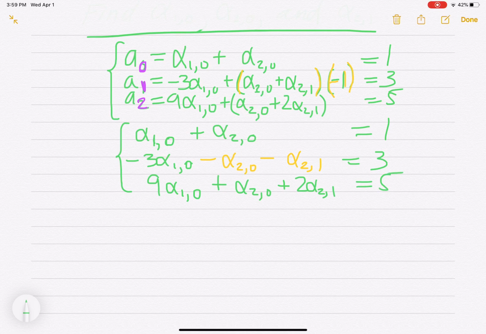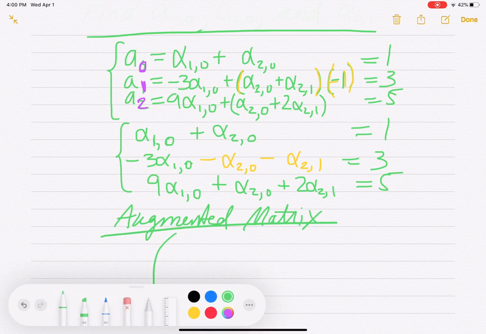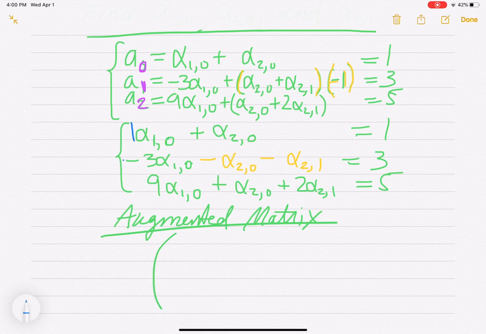So you can solve those by hand if you're really ambitious, or just enjoy solving them by hand, but I'm going to use an augmented matrix, or reduce it with my calculator. So I'm setting up a matrix with coefficients 1, negative 3, 9 in the first column.